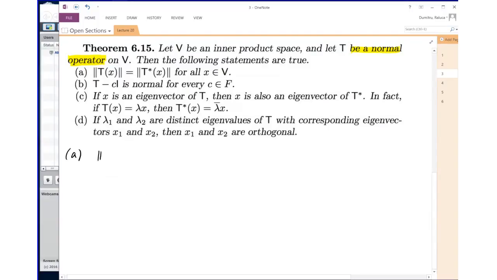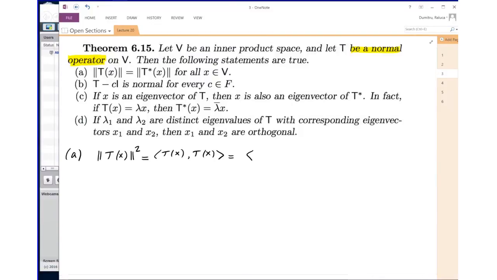Let's look into that. So if I look at the norm, I would rather try to compute a square, right? Because it's the inner product between T of x and itself. So now you can move one of these T into the other entries.